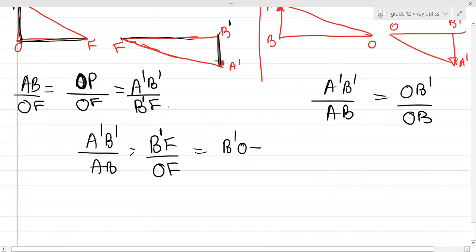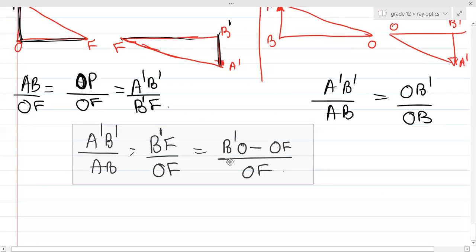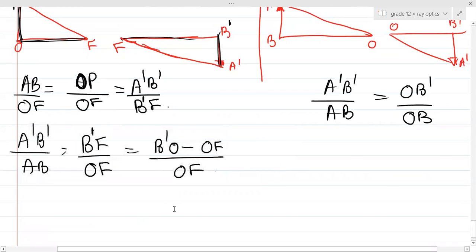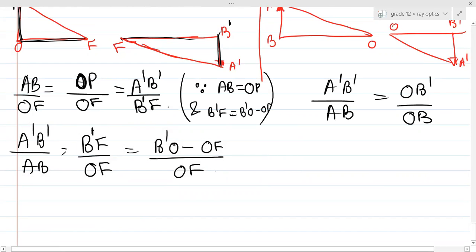So B dash O minus OF upon OF is basically this. So from this triangle we have done two things. And now what we have used over here, since AB is equal to OP and B dash F is equal to B dash O minus OF, we have used these two things to make this equation, right?